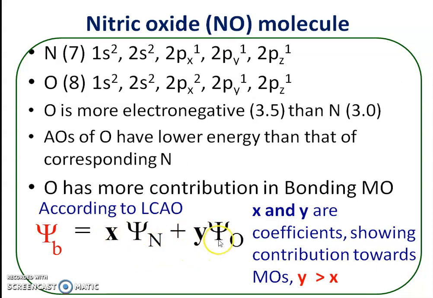From this equation it is clear that the atomic orbital of oxygen has a greater contribution in the formation of bonding molecular orbitals, because y is greater than x. Psi a, that is the wave function for the anti-bonding molecular orbital, is equal to y psi n minus x psi o. Here the atomic orbital of nitrogen has more contribution towards the formation of anti-bonding molecular orbitals.